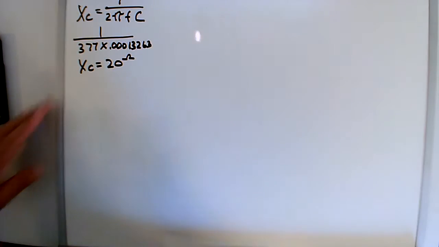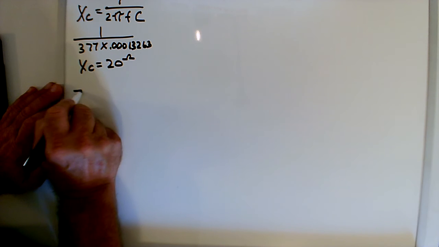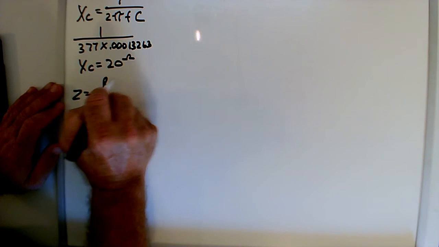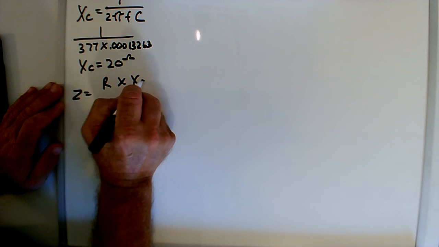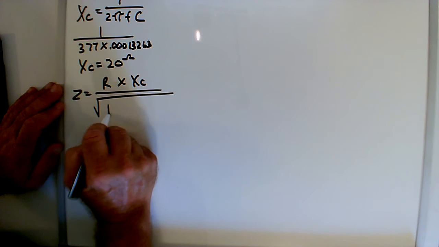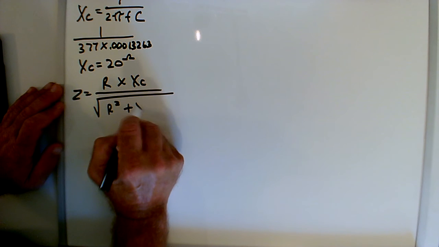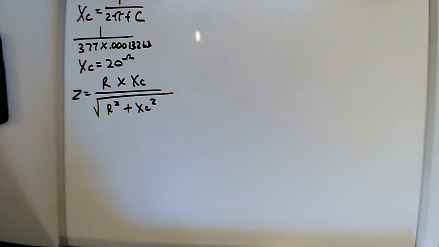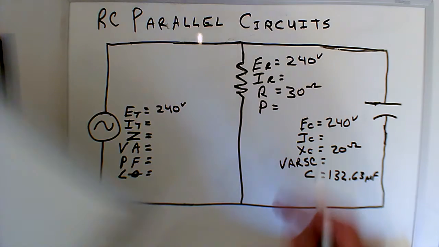This has a different formula than series, so Z is equal to R times XC divided by the square root of R squared plus XC squared. So we know what XC is, but I want to go back and make sure we know that R is 30 ohms.